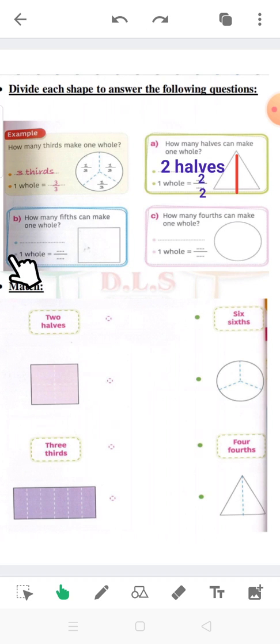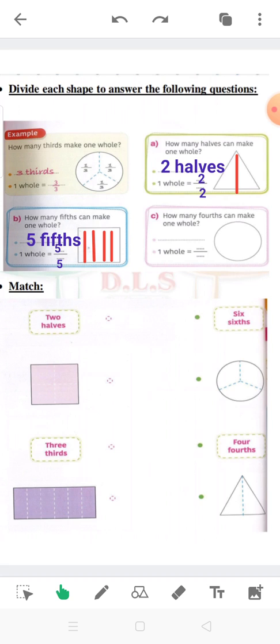Okay, like this. How many fifths can make one whole? We will divide this rectangle into 5 equal parts. Okay, let's see. And how many parts? I've got 5/5. So one whole contains 5/5.